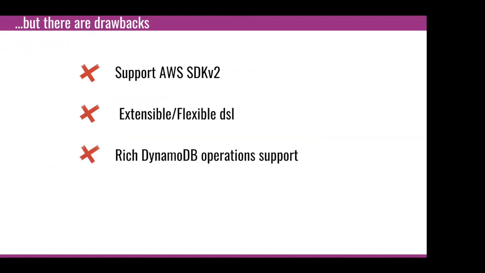And it doesn't provide rich Dynamo operation support, because in the real world you benefit from some utilitarian functions like list tables, update tables, and stuff like that, but you couldn't do this with Scanamo. And again, some restrictions that I've mentioned before using this table data type.